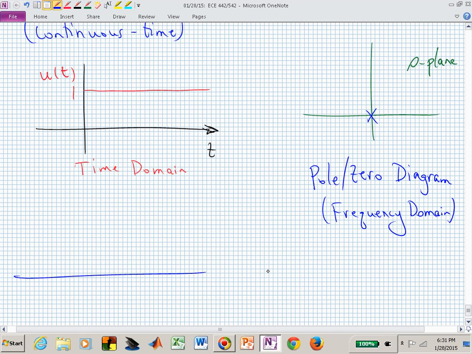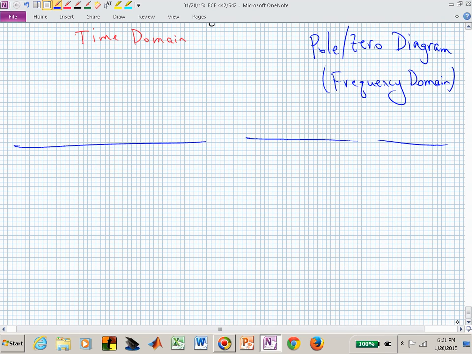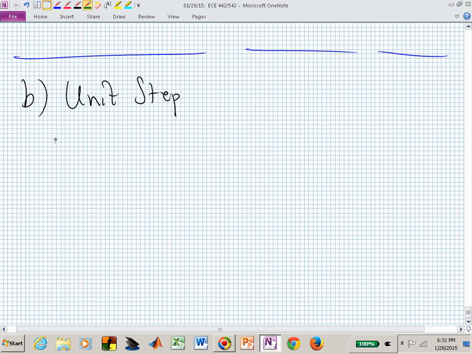Let's look at what happens if we had the unit step in a discrete time setting. This is now our second, or our B waveform. Here's our unit step. What does that look like as a waveform?